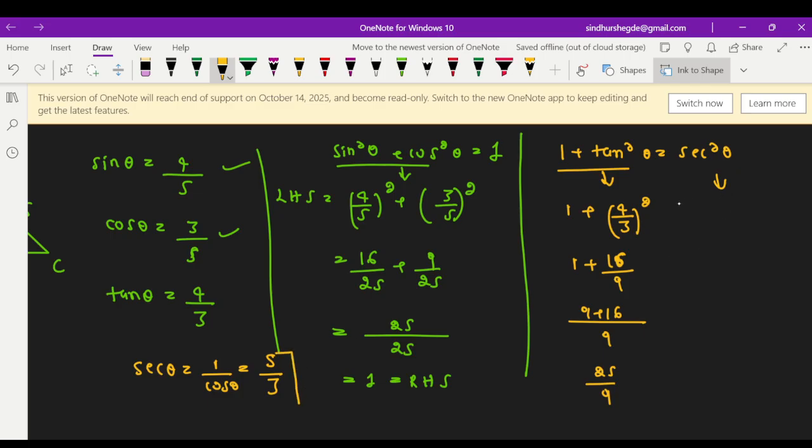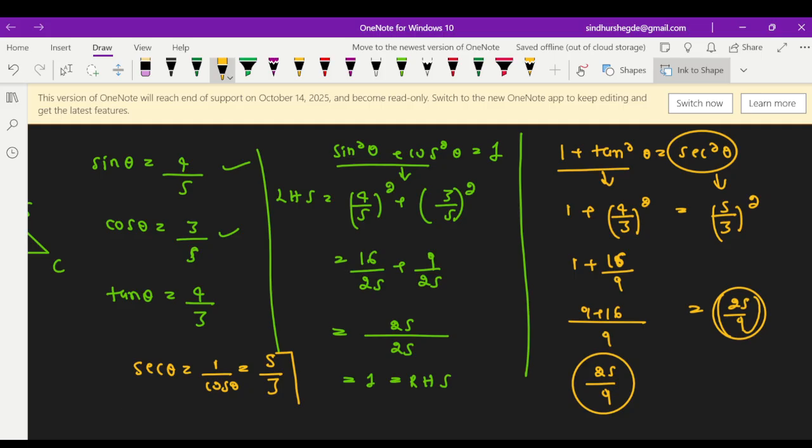So secant theta is 5 by 3 because cos theta is 3 by 5. So secant square theta will be 5 by 3 whole square, which is again 25 by 9. So 1 plus tan square theta we got 25 by 9, and secant square theta we got 25 by 9. Hence we can conclude that 1 plus tan square theta is secant square theta.